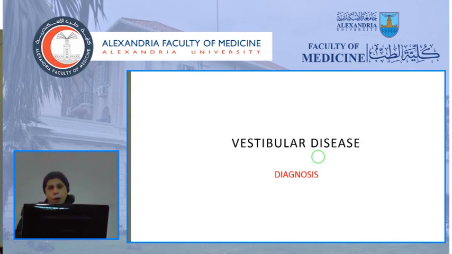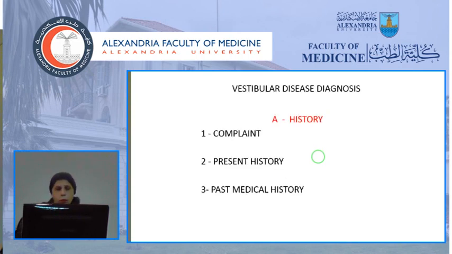Once we know what we are dealing with in terms of the vestibular apparatus, we want to go into vestibular disease diagnosis. The first thing we want to look at is history taking. And by history, we want to have three main components. It is the complaint of the patient.